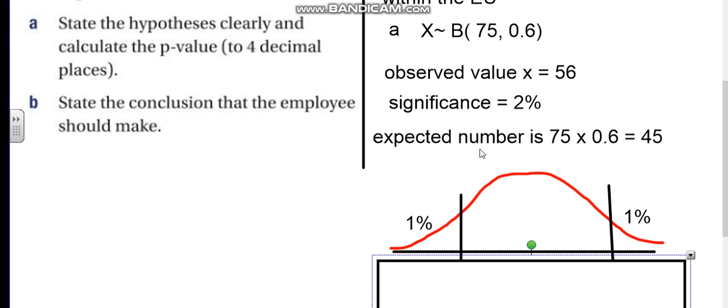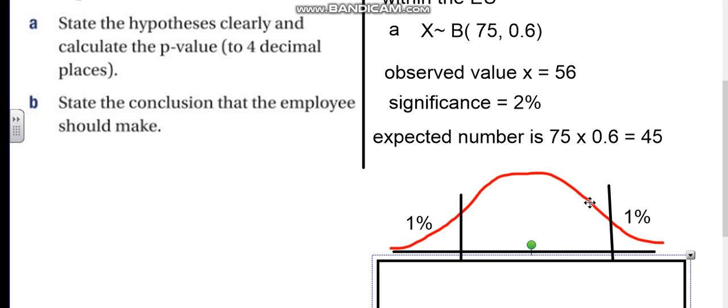So what I need to do is work out what's expected first, and expected is just working out the mean, and we do that by doing the 75 multiplied by the 0.6. From your binomial distribution, you're just multiplying those two numbers together and getting 45. So 45 is what we expect to happen. 56 is above that, which suggests we're looking at the top end.